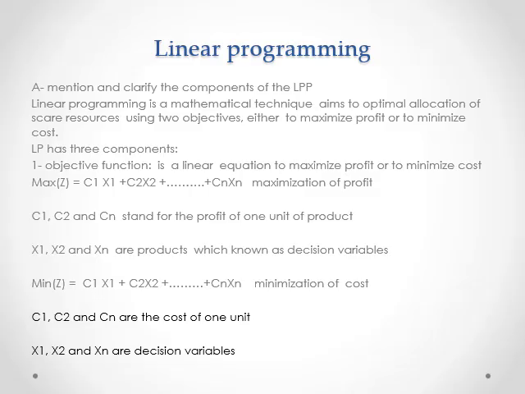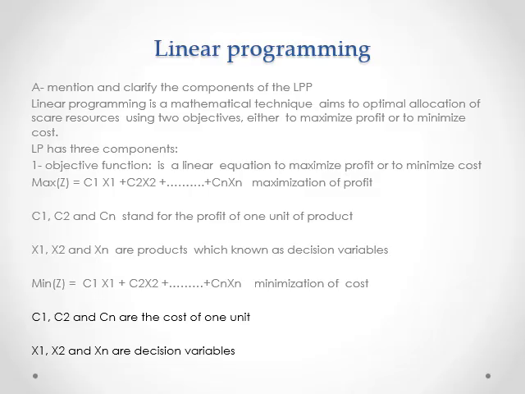طيب، in case of minimization objective، إذا كان لدينا of minimization function min z equals c1 x1 plus c2 x2 plus up to cn xn. Min here stands for minimization, while c1 c2 up to cn stands for what here?